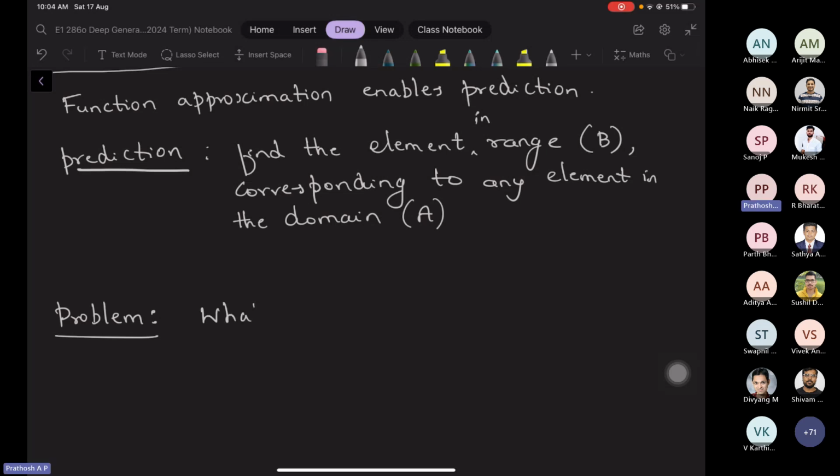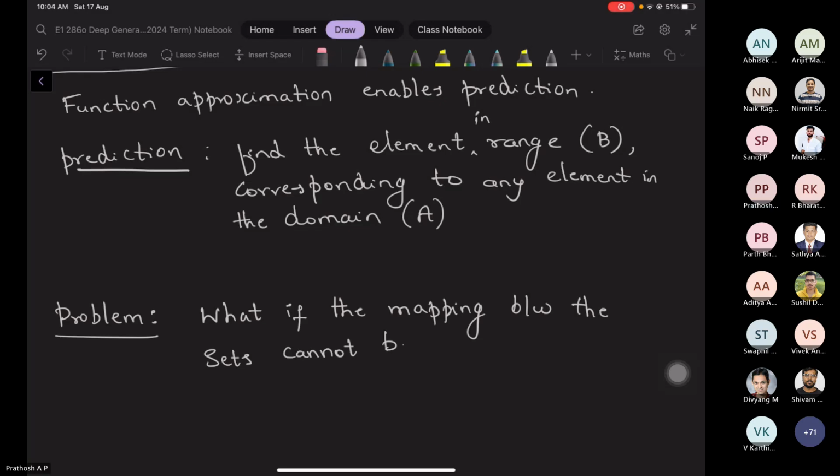What if the mapping between the range and the sets cannot be found using existing mathematical tools?